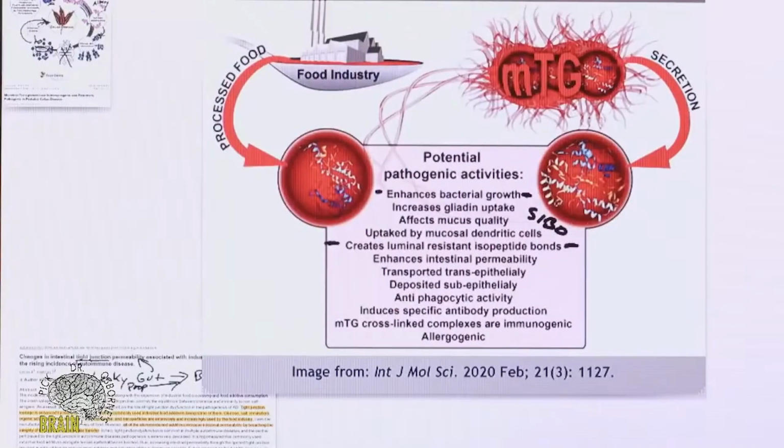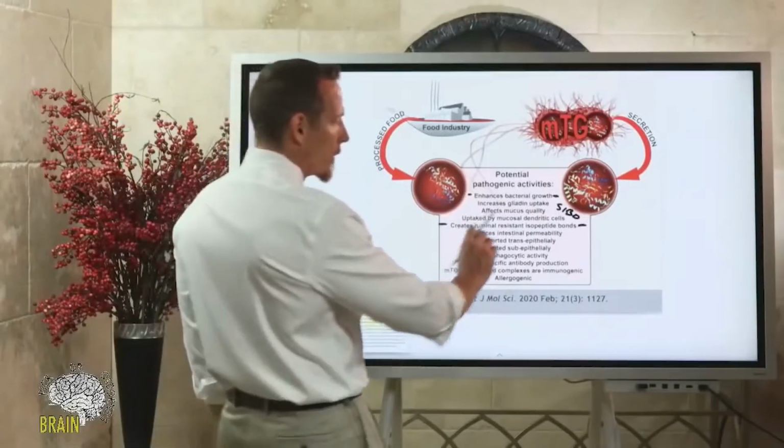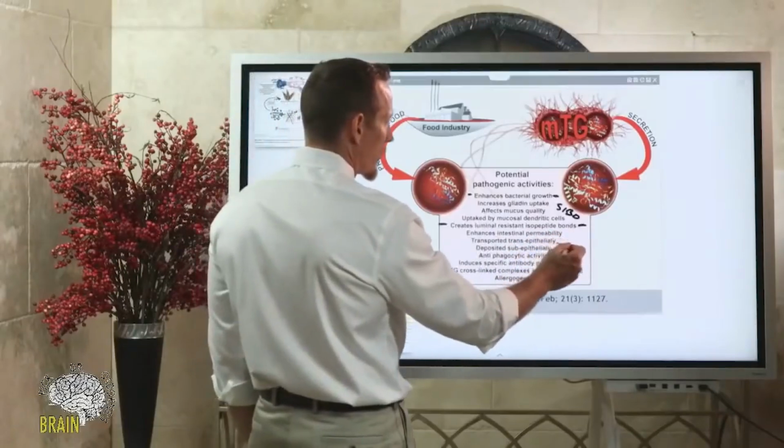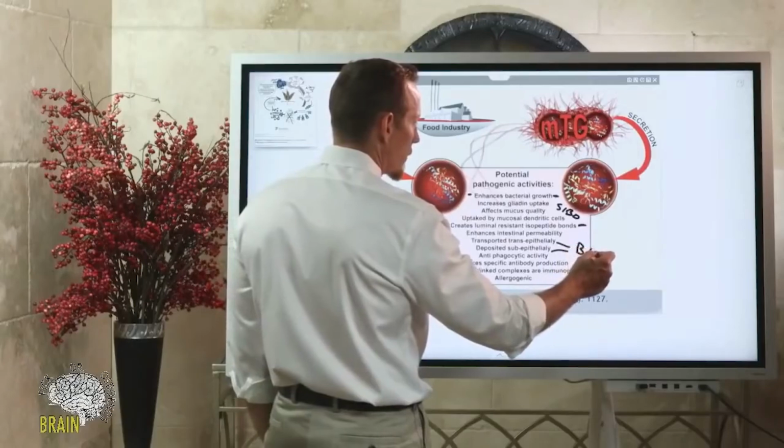It enhances permeability of the gut, as I just showed you with leaky gut. It's transported transepithelially. So what that means is these compounds are transported across the epithelial barrier into, again, leaking through subepithelial, transepithelial. These are just different mechanisms by which it gets from your gut into your blood and immune system.